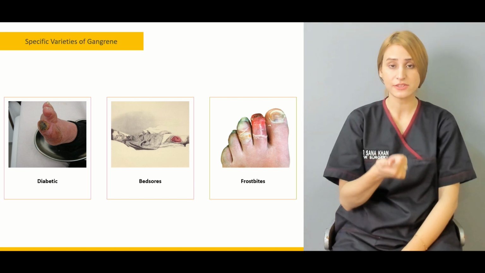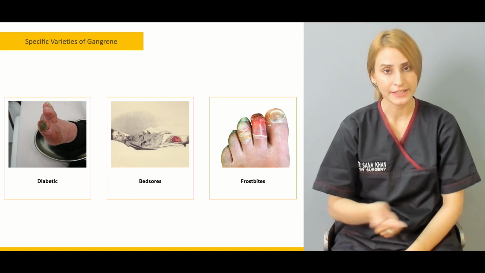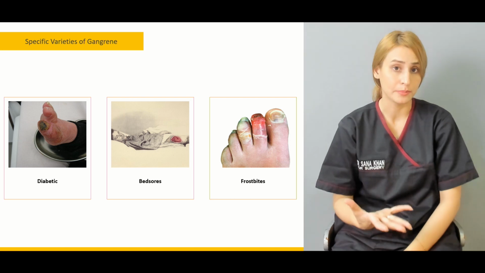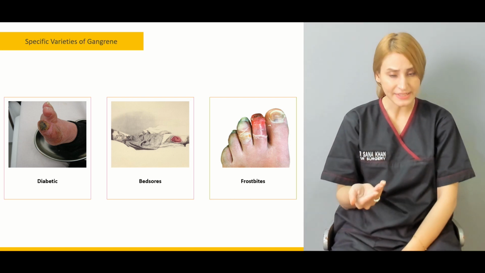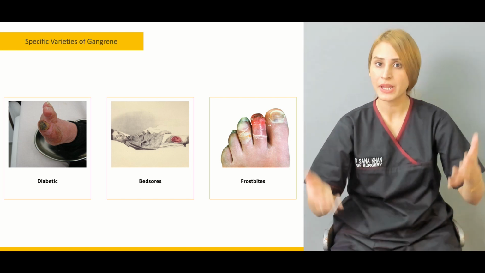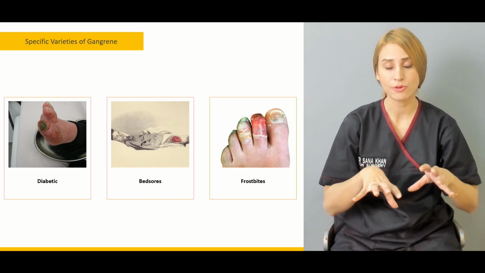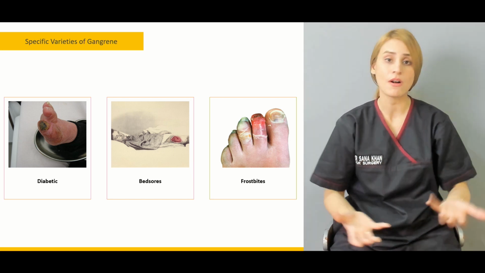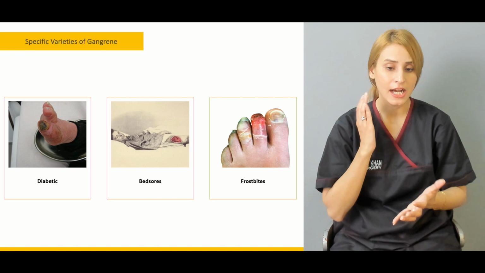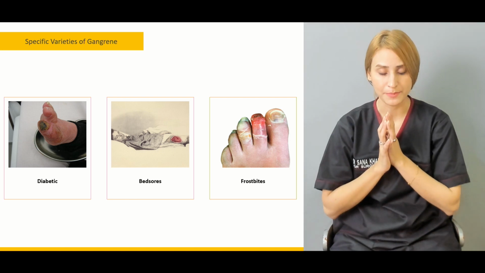But in case of the bed sores, the grade 1 stage is basically a non-blanchable rash. In the second stage, the dermis and the epidermis go away. The third stage is when the necrosis extends to the deeper tissues involving the muscles. And in the fourth stage, the necrosis extends to the bone, and ultimately there is involvement of the bone as well.